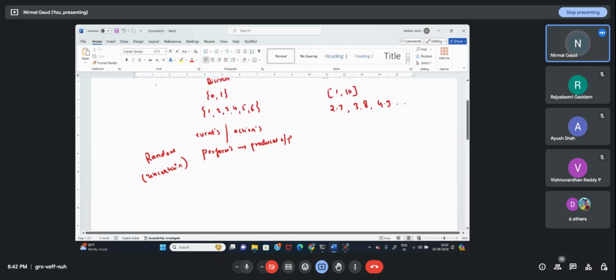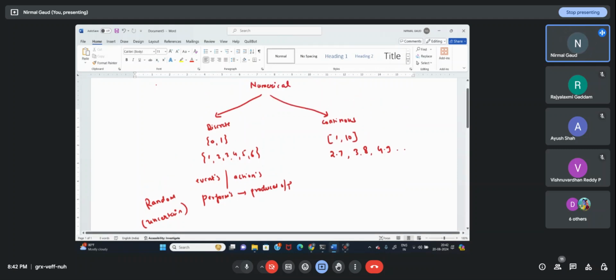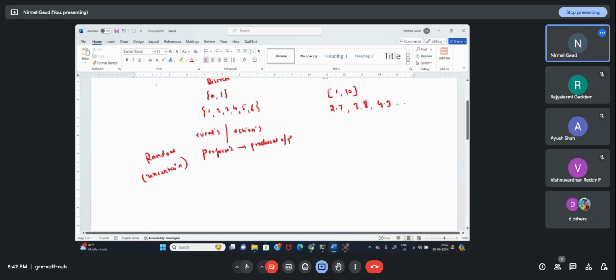So 0 can appear, 1 can also appear. For such random outputs from such actions or events which are performed, we have a discrete probability distribution.